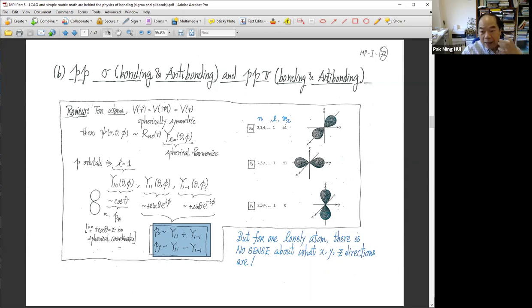Thereby, we started to have this sense of maybe two p's, a p here, another p here, pointing at each other. Then the end result is a longer peanut. It still has this rotational symmetry. Thereby, there will be a pp sigma.